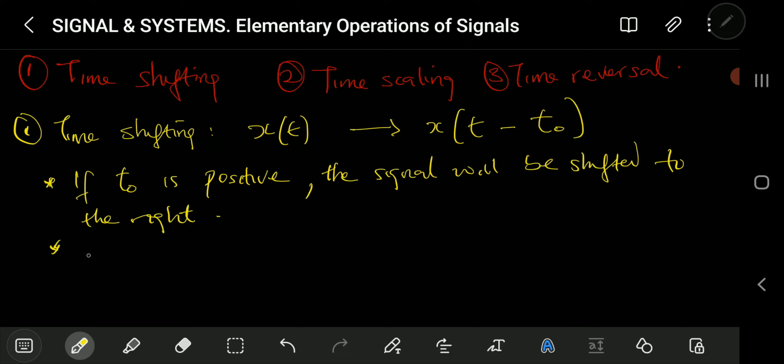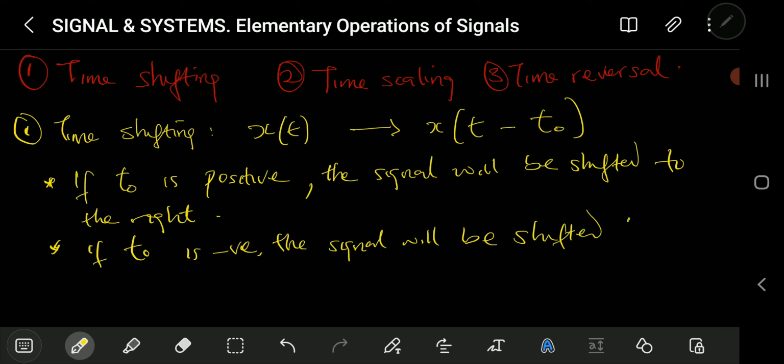And if t naught is negative, that means the signal will be shifted to the left.